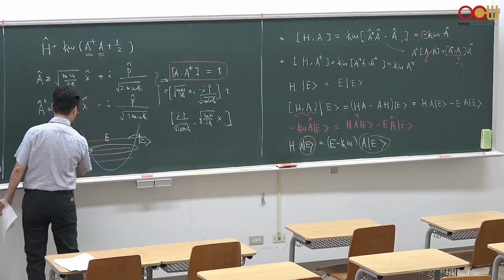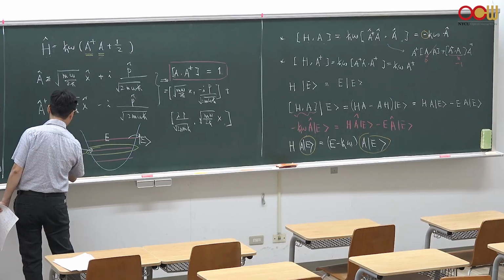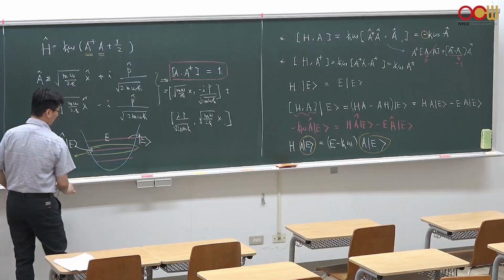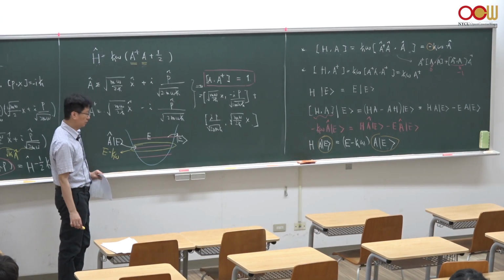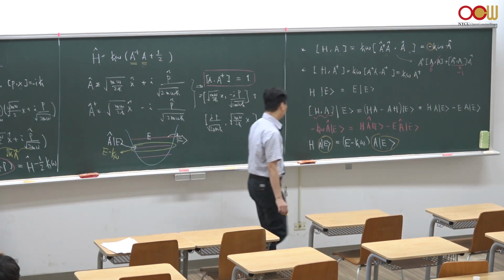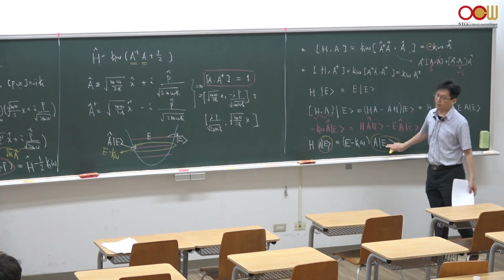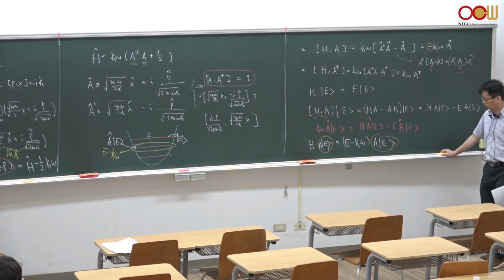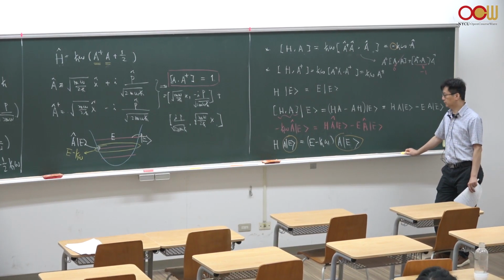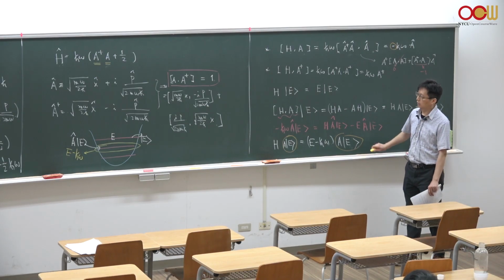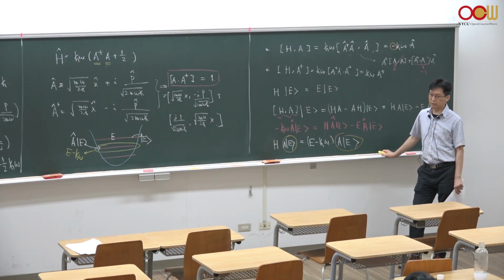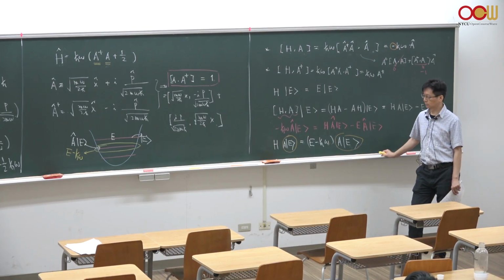This one has the eigenvalue E minus H bar omega, and it is also an eigenstate of the Hamiltonian, right? Because this orange state satisfies the eigenvalue equation for the Hamiltonian, which means that this orange state is another eigenstate of the Hamiltonian with 1 H bar omega less in its eigenvalue.